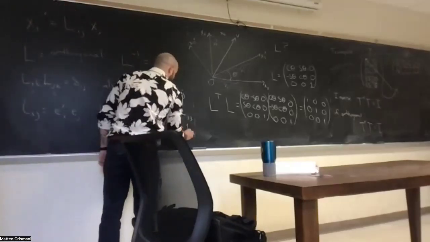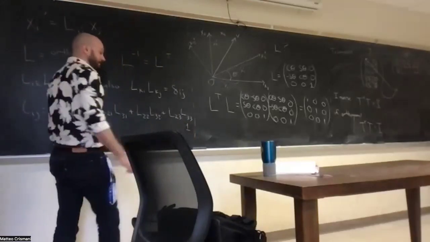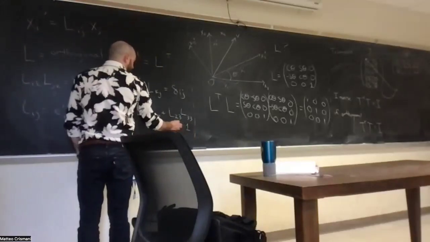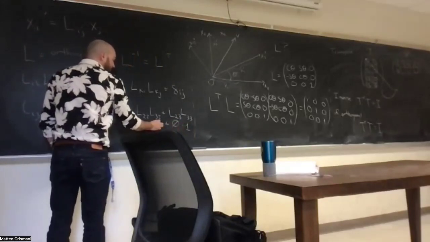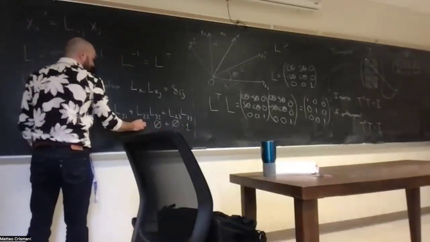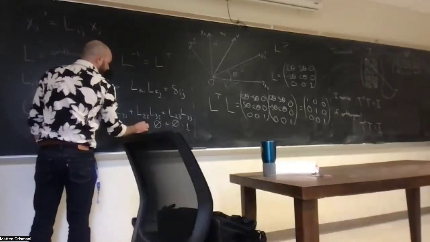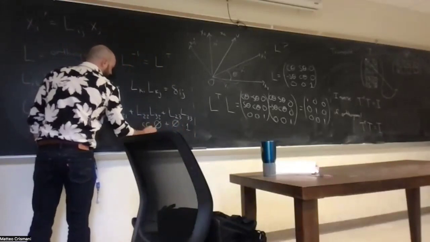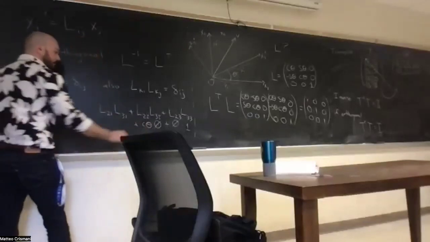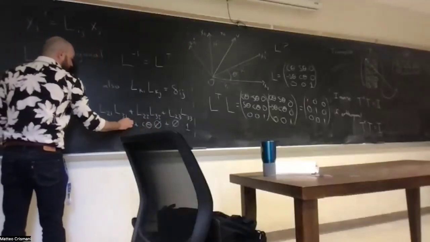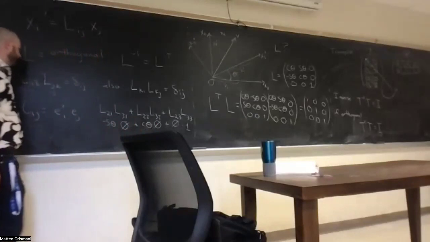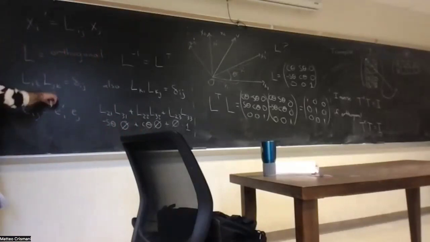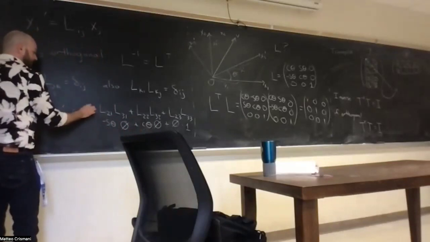Wrong one, sorry. L23 is 0. And this one, L32, is 0. L22 is cosine theta. Good. And i was not equal to j, so therefore that should equal 0, which it does.